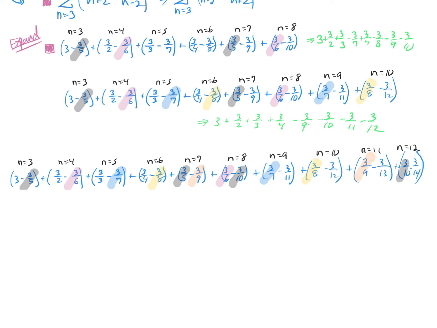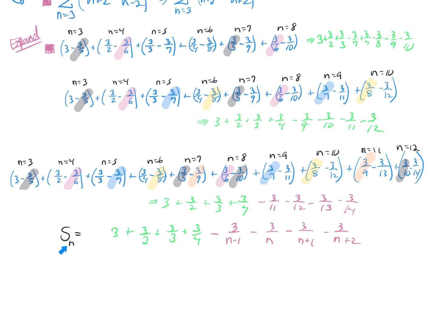So what are we left with at that stage? Well, we're left with the same 3 as before, the same 3/2 as before, the same 1 as before, the same 3/4 as before. But now instead of starting with minus 3/9, what's left was minus 3/11, minus 3/12, minus 3/13, and minus 3/14. So we've established a pattern that we can be very confident is correct at this stage.